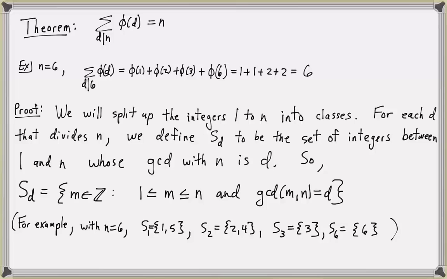So you can see from this example that each of the integers 1 to n will show up in exactly one of these sets S_d. And so these sets S_d completely partition the integers 1 to n.